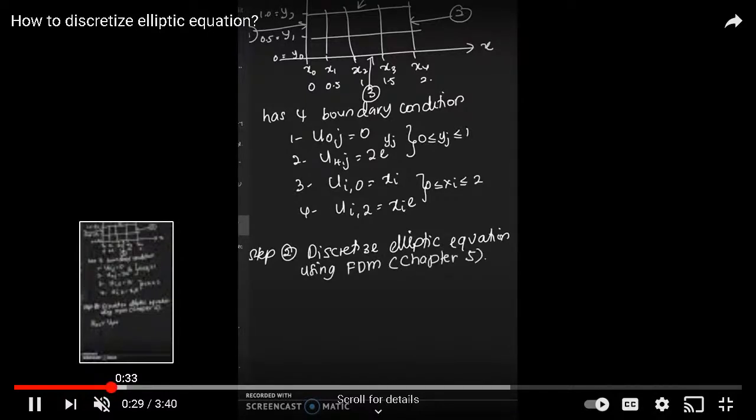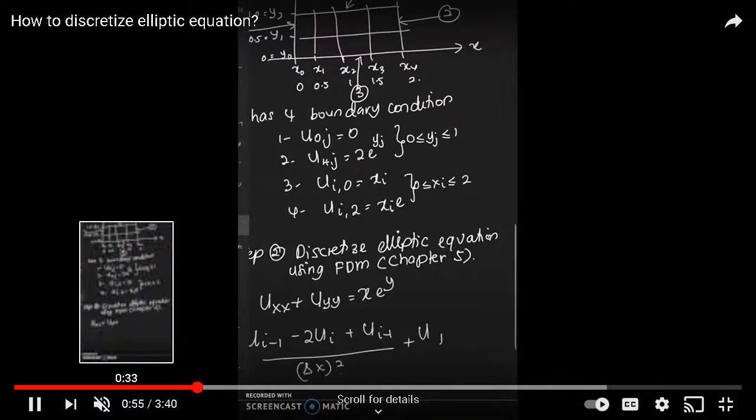All right. To discretize this, I'm using chapter 5, section 5.11, the discretization of the second order derivative. So I derive uxx with respect to i minus 1, i and i plus 1 divided by h squared. This is the second order derivative with respect to x.